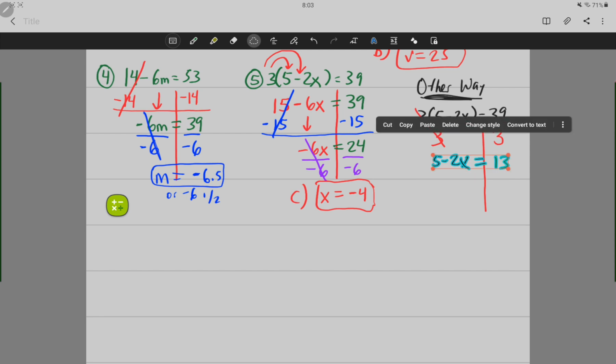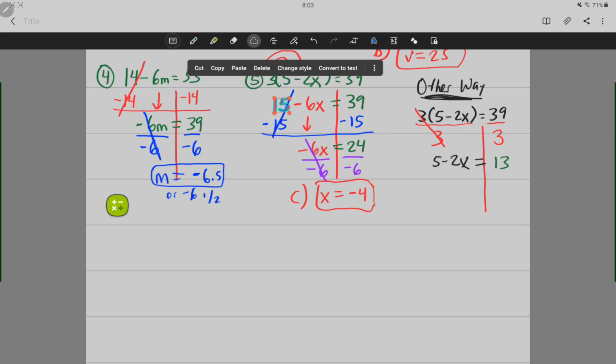Instead of 15, we have 5. Instead of negative 6x, we have negative 2x. And instead of 39, we have 13. Now, if you think about it, that also makes sense because these numbers over here are actually just divided by 3. If we do 5 times 3, look, we get the 15.